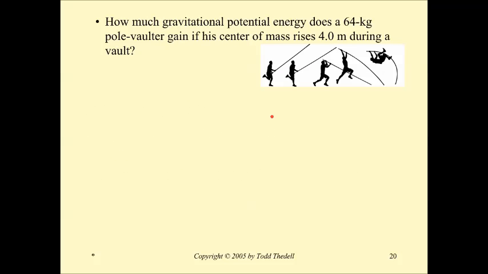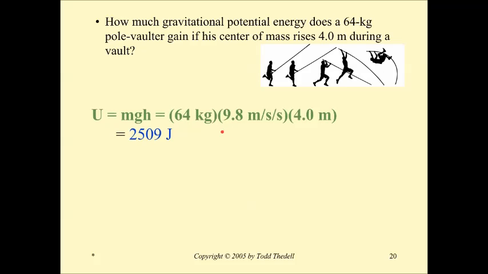Okay, let's try an example. How much gravitational potential energy does a 64 kilogram pole vaulter gain if his center of mass rises 4 meters during a vault? So we are going to simply use the potential energy equals mgh, and that's going to be 64 times 9.8 times 4, for 2509 joules.